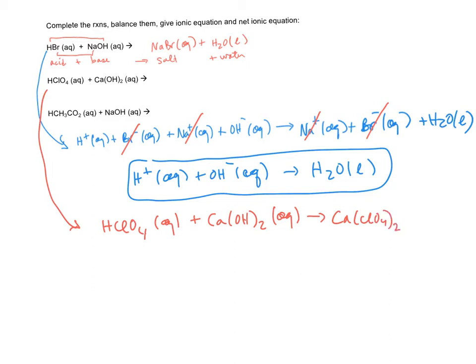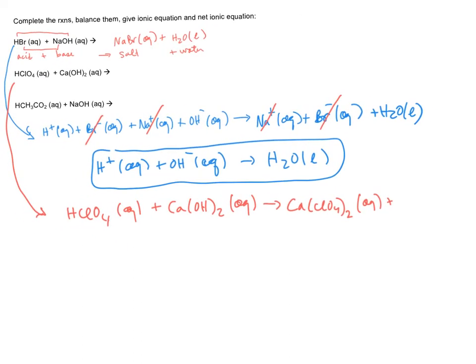Need 2 of those. That'll be aqueous. Plus, and then you've got 2 hydroxides and 1 H+. And you've already got 2 perchlorates in the system now. So you need a 2 there for sure. Okay, and then you'll have 2 waters being made, 2 H+ and 2 OH-.